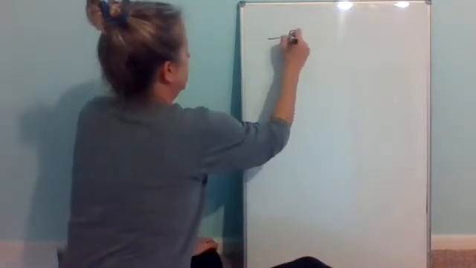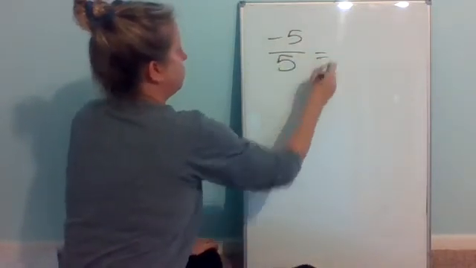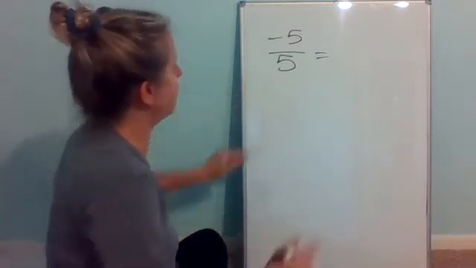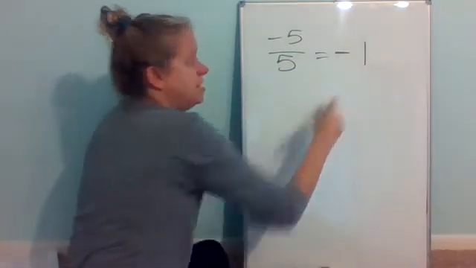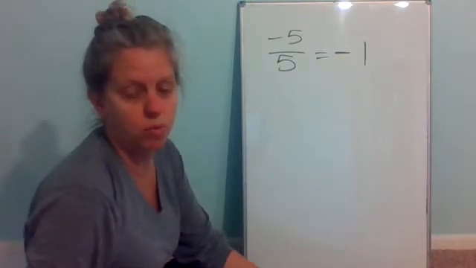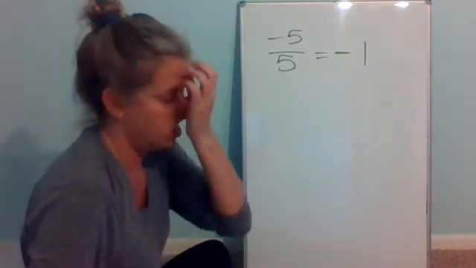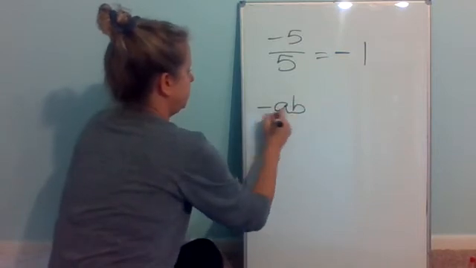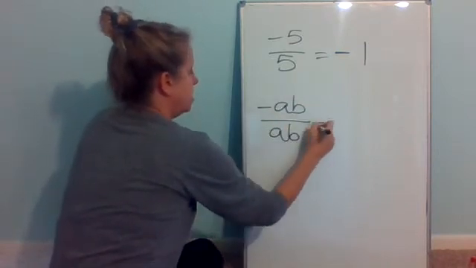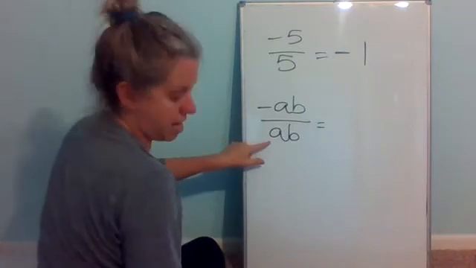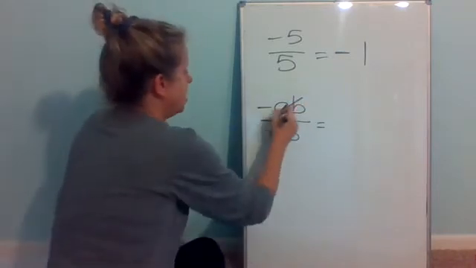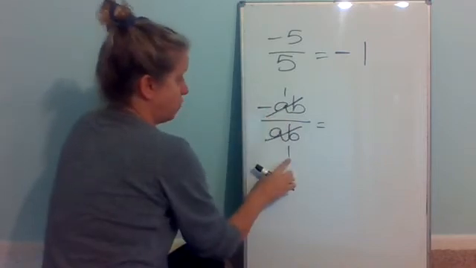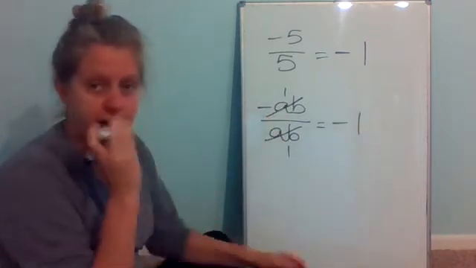Let's say you have -5 over +5. -5 over 5 is -1 over 1, which is -1, right? So let's see, -AB over AB, that will reduce to -1 over 1, which is -1.